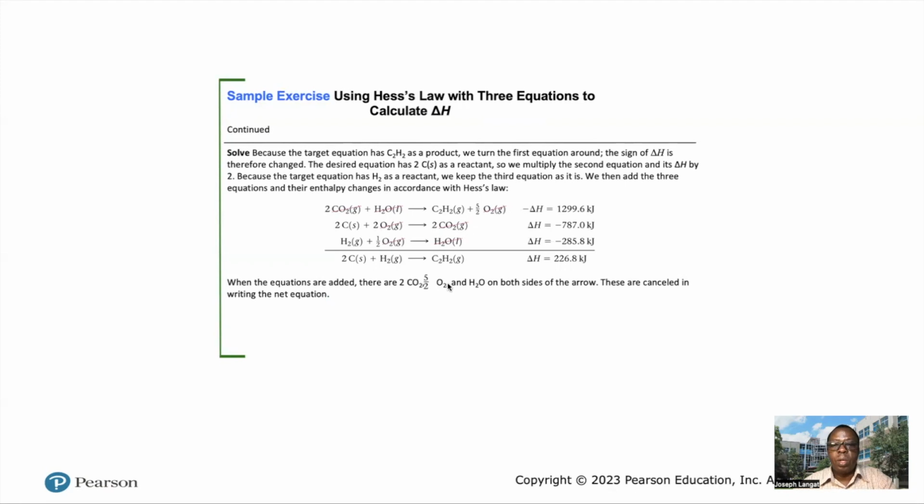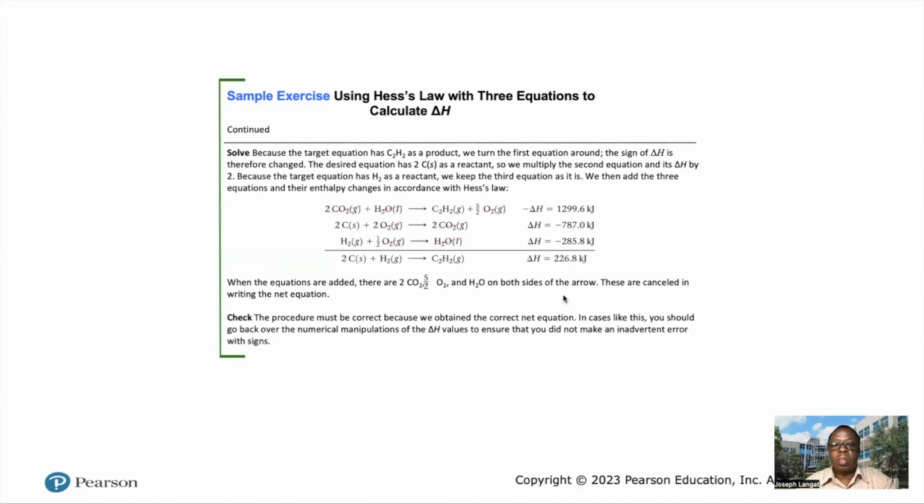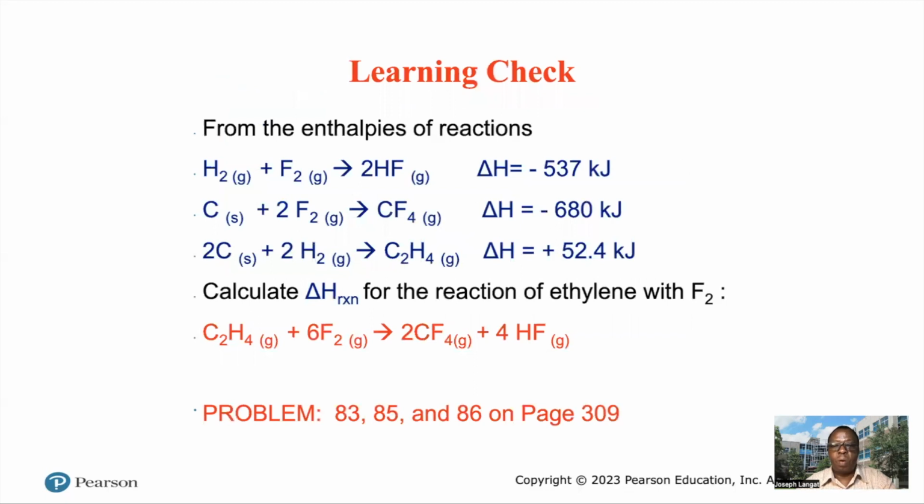And adding everything here, this is what you get for the overall reaction. Remember, when the equations are added, there are two carbon and hydrogen on both sides of the arrow. You'll have to cancel those in the overall.